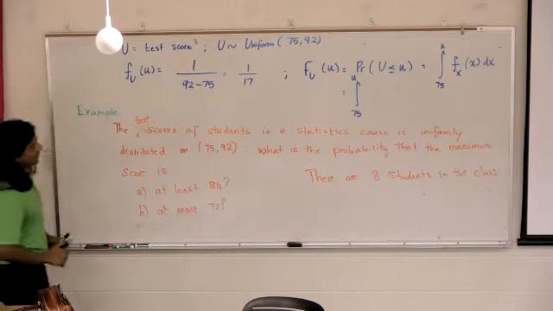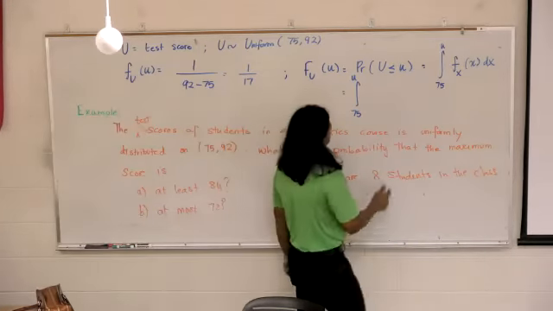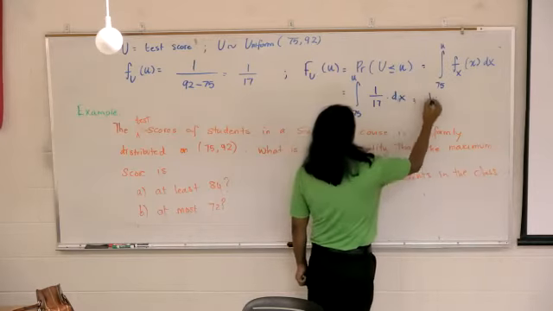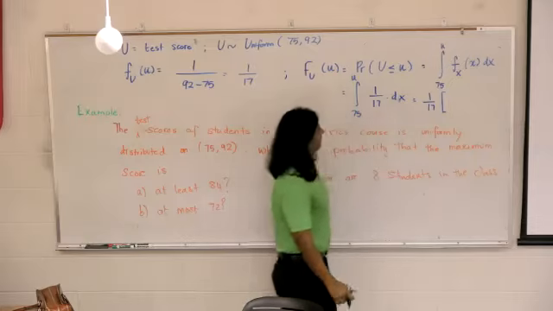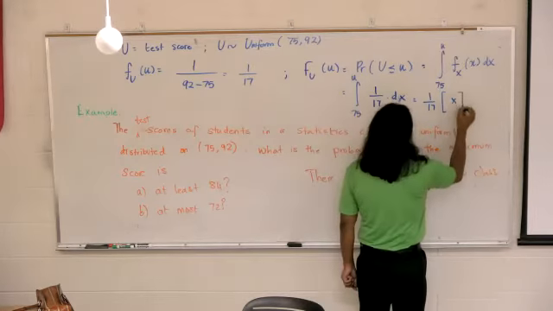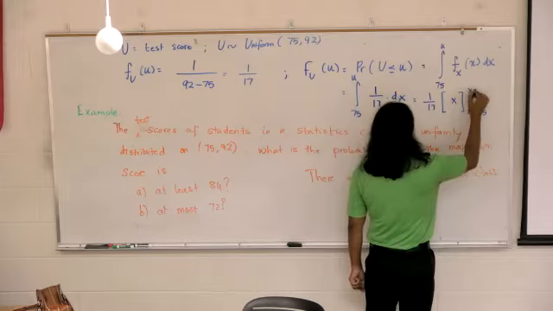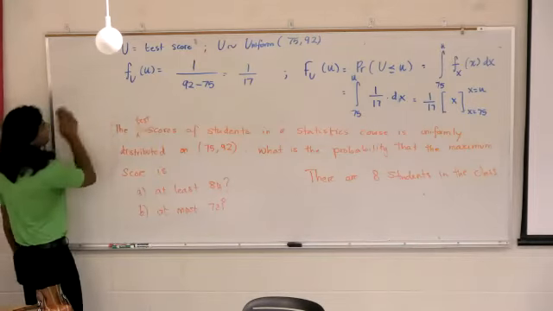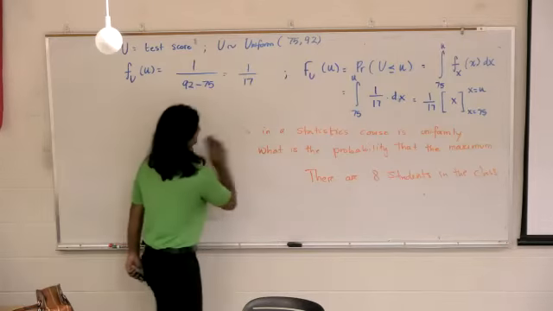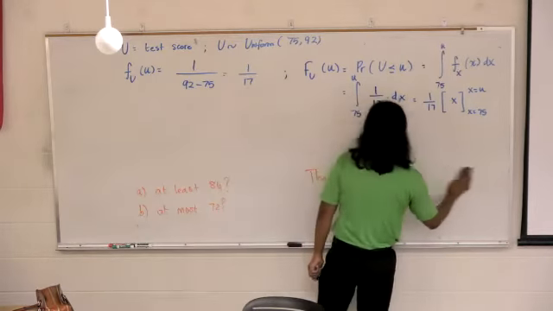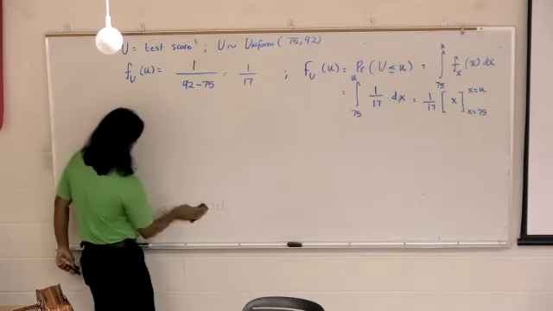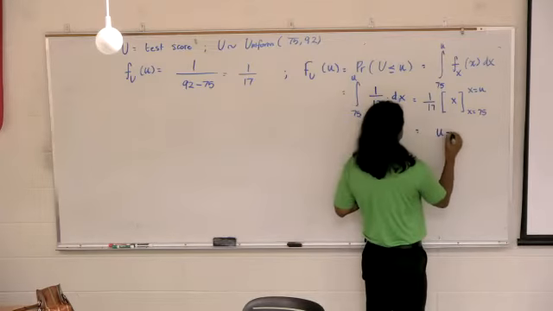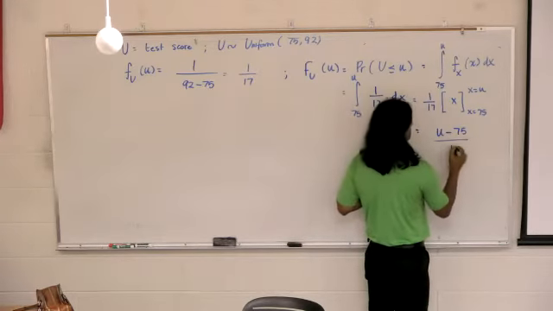The density is 1/17 times dx, integrated from x equal to 75 to x equal to U, and we end up getting (U minus 75) divided by 17.